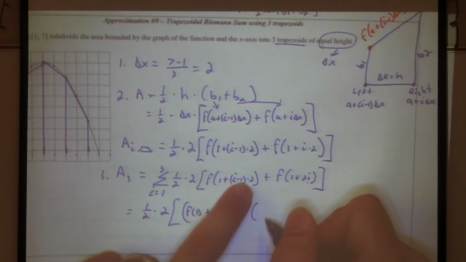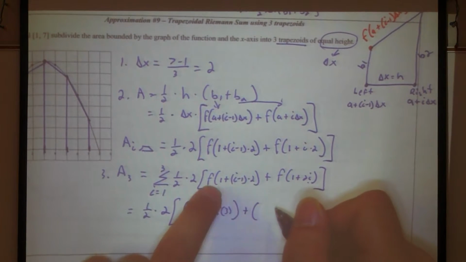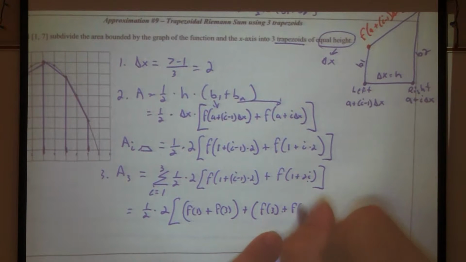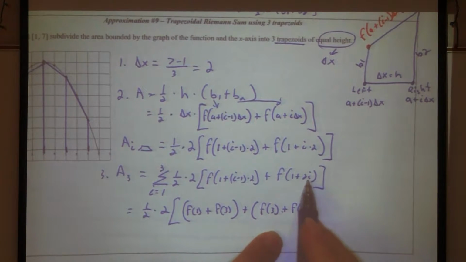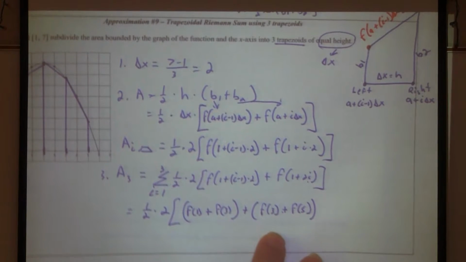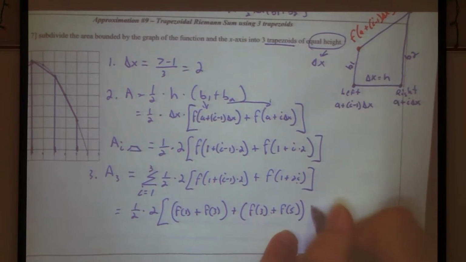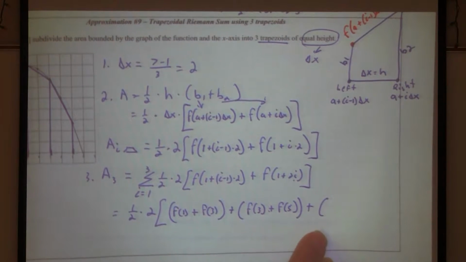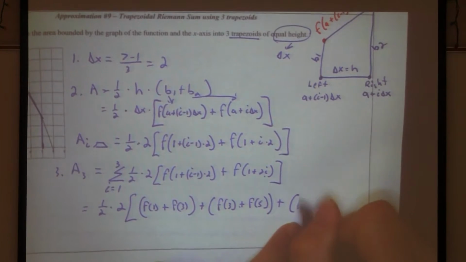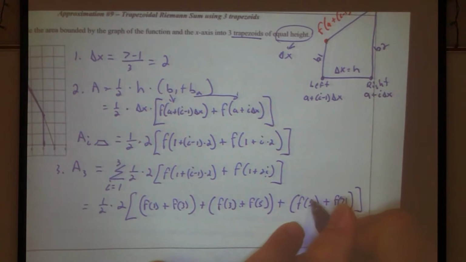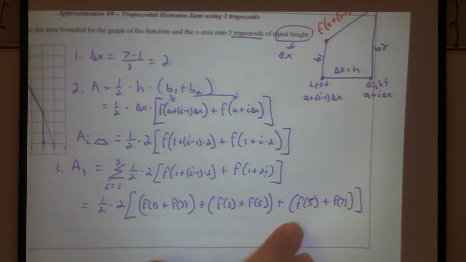Plug in 2. 2 minus 1 times 2 plus 1, f of 3 plus f of 5. And you put the 2 over here. That's the second trapezoid. You with me, Ale? Plus, now we need the third trapezoid. We need the third base 1 plus base 2. So f of 5 plus f of 7.